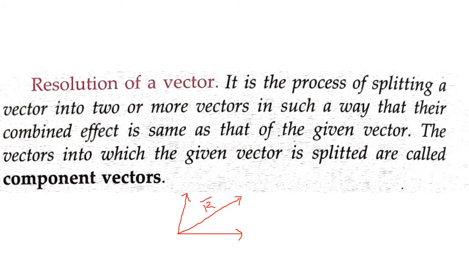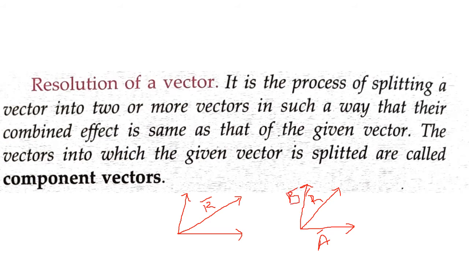Now, the resolution of a vector means, suppose you are given this vector, we will split this vector into its component vectors, into your vector A and into your vector B.